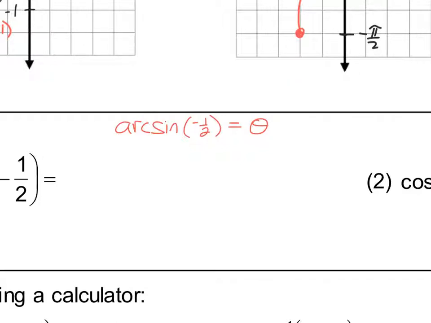Because most people see the arc sine and they don't like it, one thing you could do is take the sine of both sides. So on the right-hand side, it's just the sine of theta. On the left-hand side, it's the sine of the arc sine of -1/2.